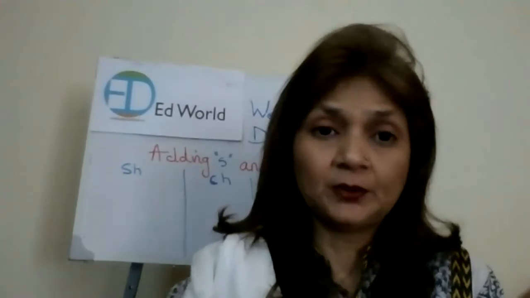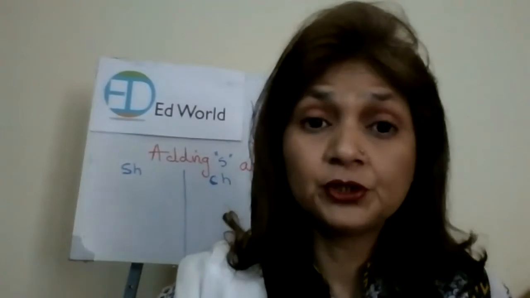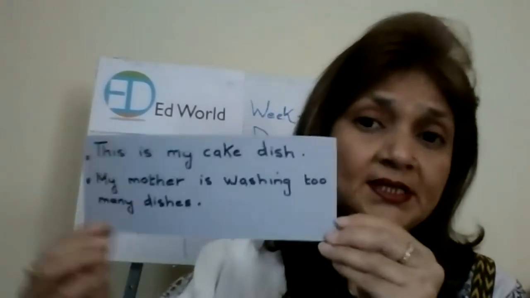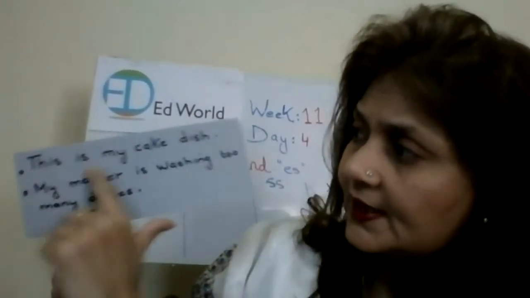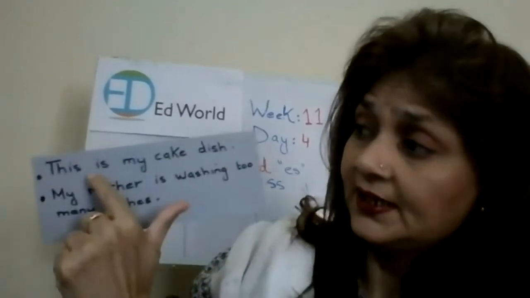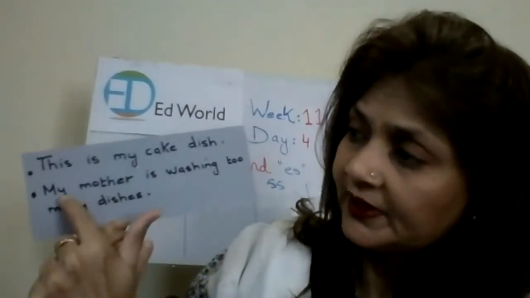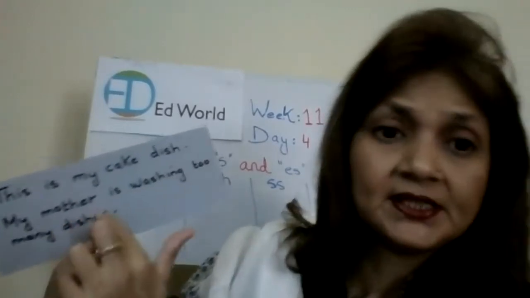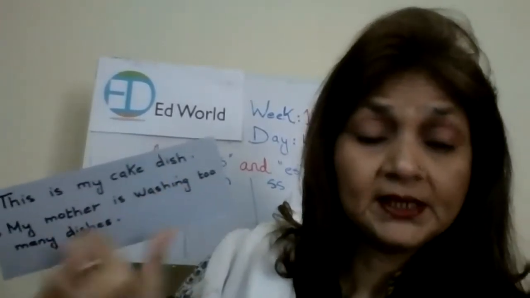Correct, right. Now, I'm going to show you two sentences and you are going to find out the difference between them. Can you read my sentence? This is my cake dish. And the other one? My mother is washing too many dishes.